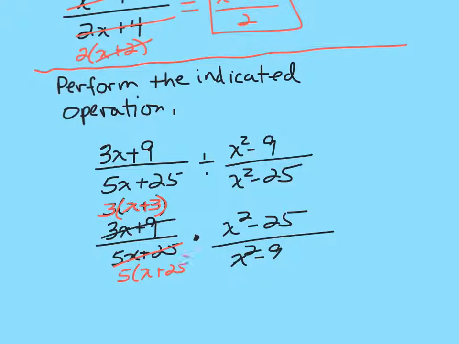What do you guys want me to do when I factor x squared minus 25? X plus 5, x minus 5. Okay, the difference of two squares. And somebody not named Grayson, tell me how to factor x squared minus 9. X plus 3, x minus 3.